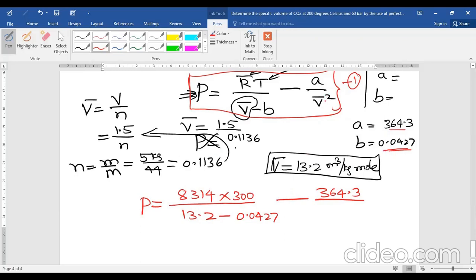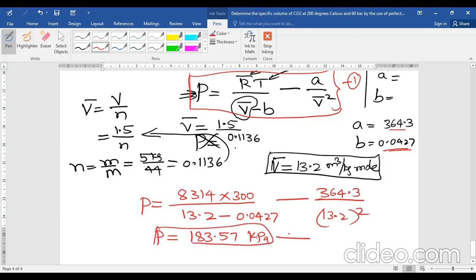Many students make mistakes in taking the value of V bar on the right hand side. Here 13.2 whole square we need to do. So the final value of pressure, you will get 183.57 kilopascal. So this is the value of pressure of the gas using the Vander Waals equation.